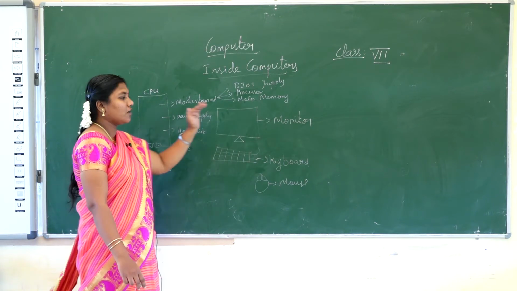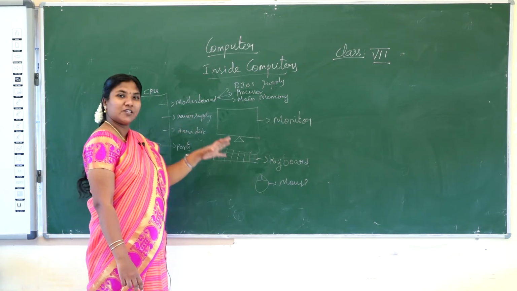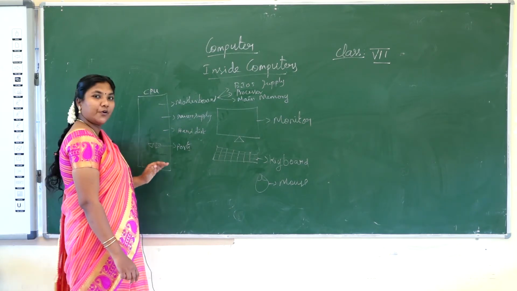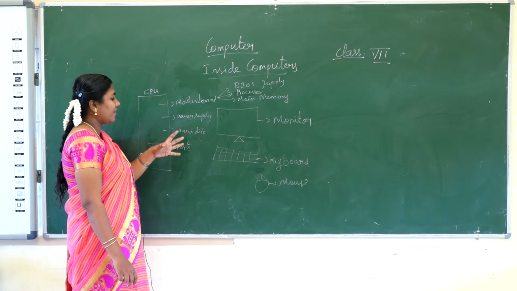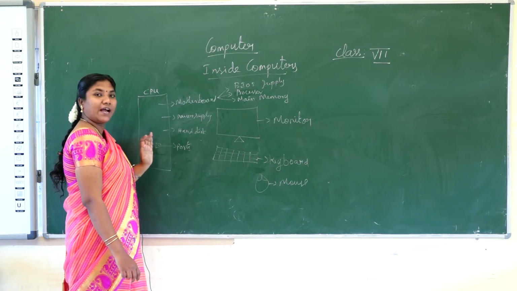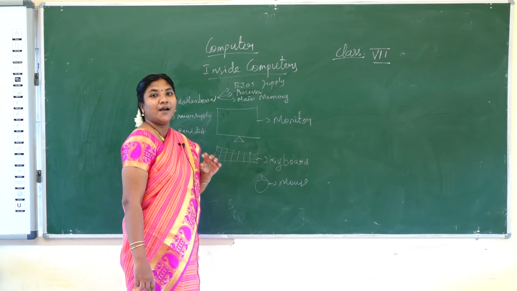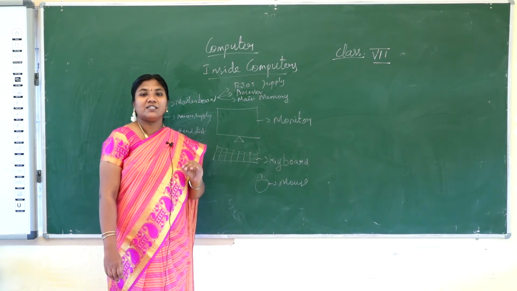So these are all the parts or components of a system. So monitor, keyboard, mouse are known to you. You know the CPU from outside, but inside you are having a hard disk, power supply, motherboard and ports. In the motherboard there will be a BIOS supply, a processor and a main memory. Up to this we have known.